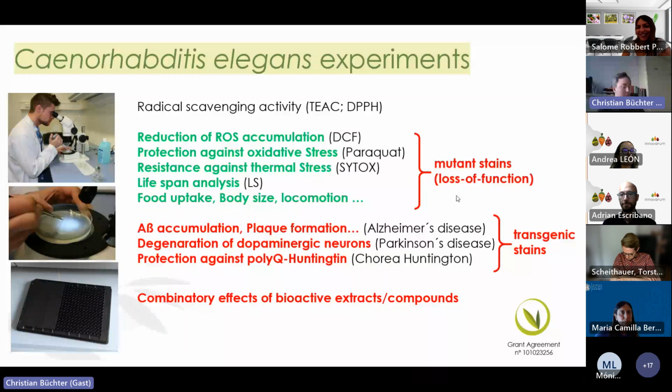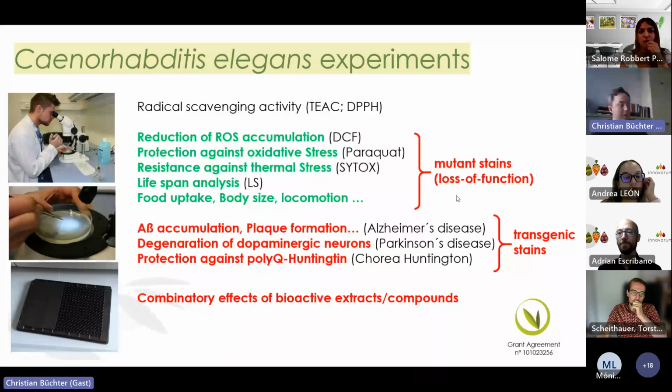We look for protective effects against several kinds of stress, or, as mentioned before, what's quite fast possible is the influence on the lifespan of the animals. But we are also interested in possible protective effects in very simple models of human neurodegenerative diseases, for example, Alzheimer's disease or Parkinson's disease.